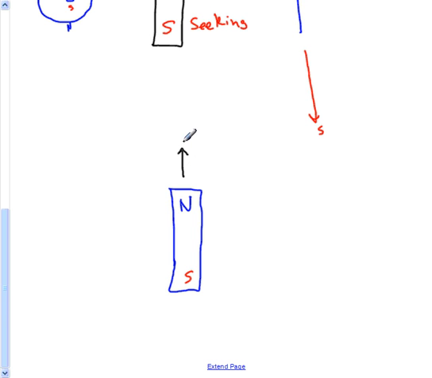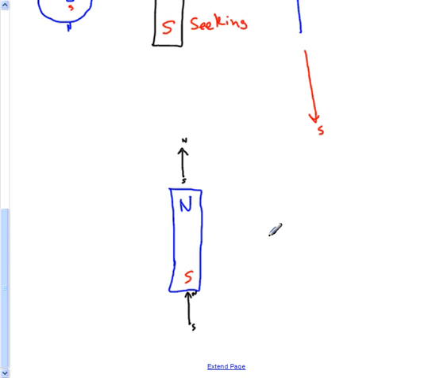Pointing means it's going to have your little north right here and a little south right here. So we're saying that the north side of it is a pointer. If we put it down here by the south pole, then it's going to point like that. Okay, again, a little north right here, a little south right here.